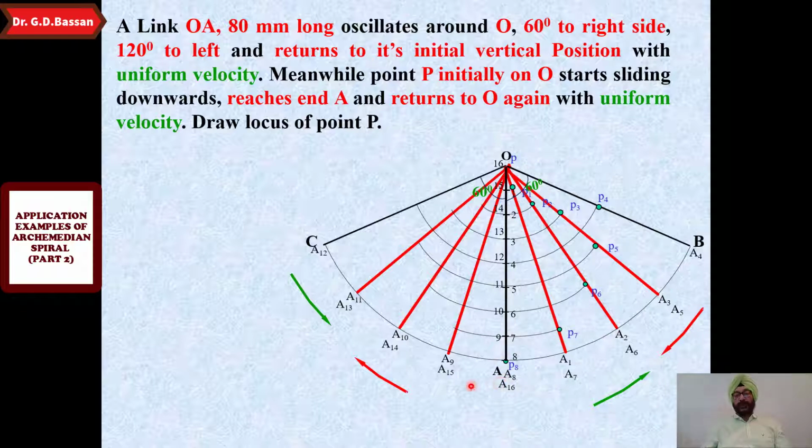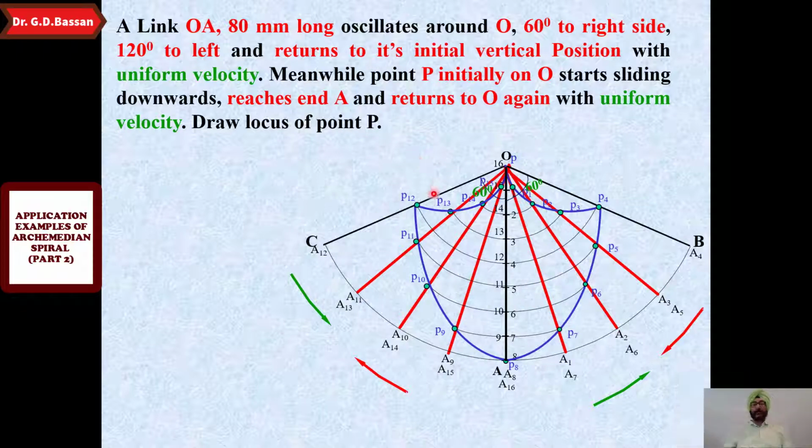Now going towards the left hand side, we get P9, P10, P11, P12, P13, P14, P15 and P16 will be the endpoint O. Join all these points with a smooth curve. We get the Archimedes spiral of the said example. So this is how we can draw the Archimedes spiral of this particular example.